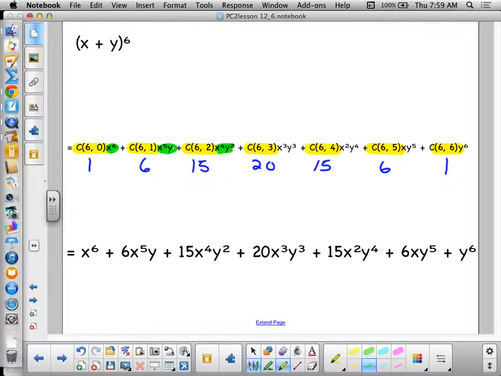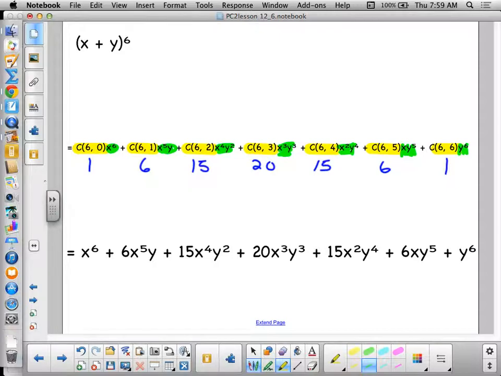Then x to the 4th y squared. x cubed y cubed, x squared y to the 4th, x y to the 5th. And finally, y to the 6th. So our terms have to come along as well when we're doing that binomial expansion. So this is our final polynomial that we come up with, the expansion without having to do any FOIL.